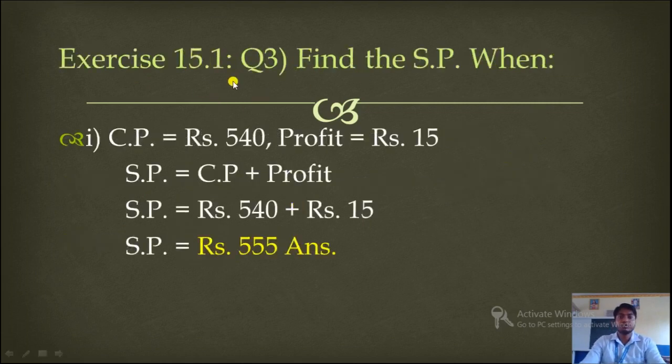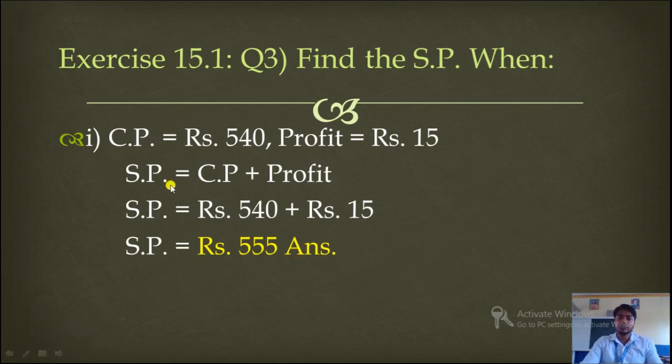Now question number 3: find the selling price when cost price is given 540 and profit is given 15. Clearly we have profit here, so we have to use the formula according to profit, which we discussed last day.